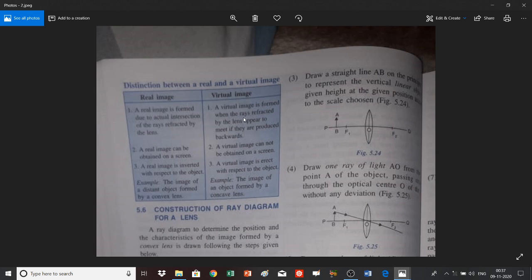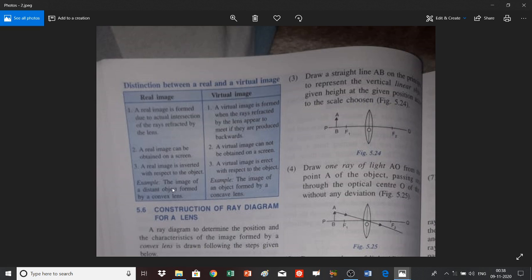So in the case of a virtual image, the rays actually do not meet, but it is seen that they are diverging from a point. A real image can be obtained on a screen, but a virtual image cannot be obtained on a screen. A real image is inverted with respect to the object, but a virtual image is upright, not inverted with respect to the object.